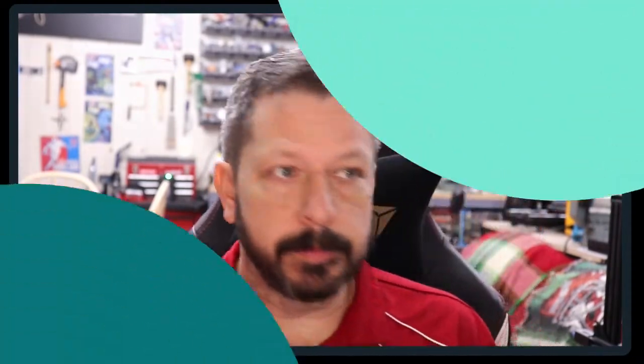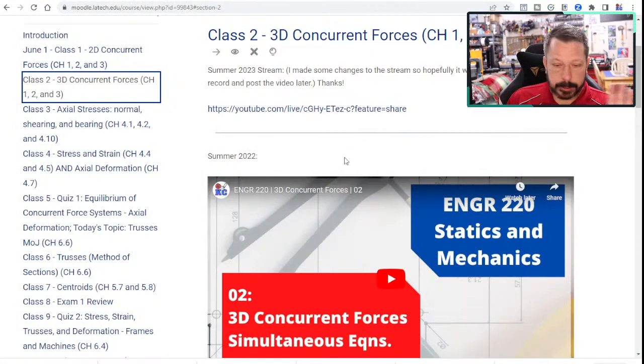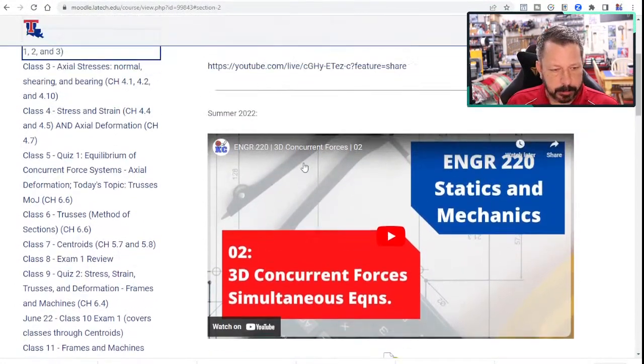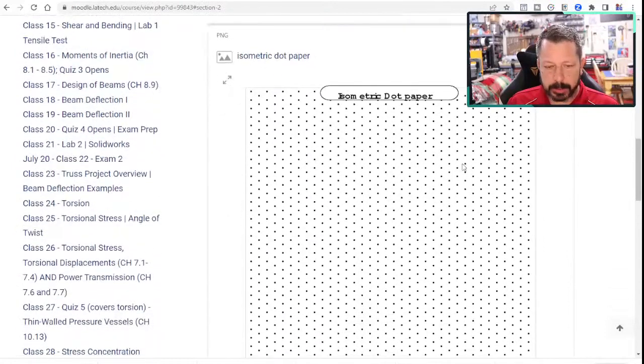Let's look at our web page here. This is in Moodle. At some point we're going to use this isometric dot grid paper to help us draw in three dimensions, because it's not quite as simple as drawing in two dimensions.